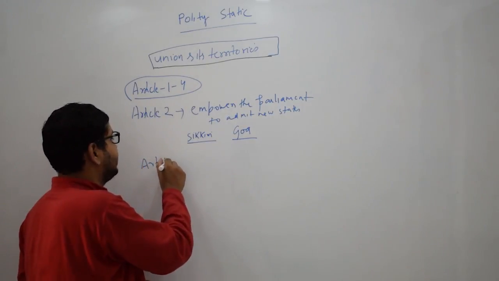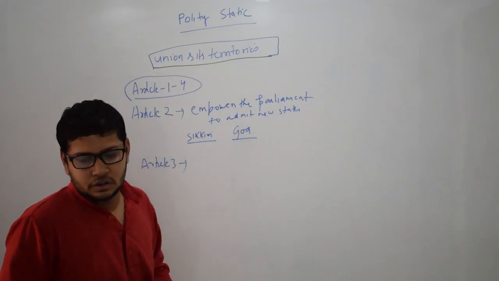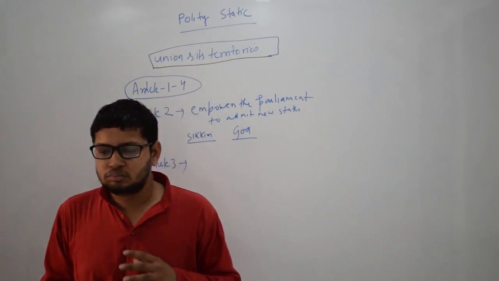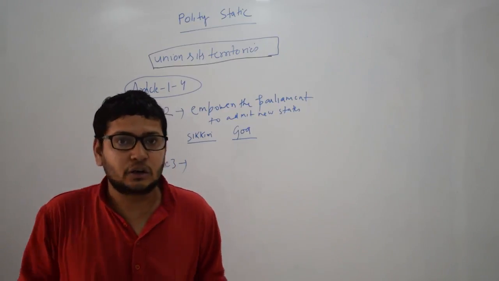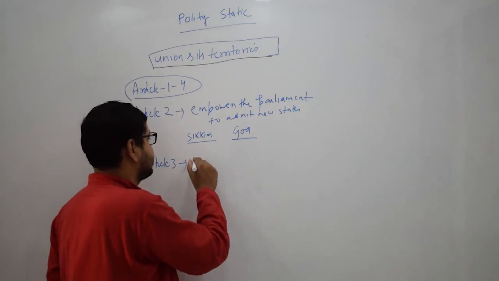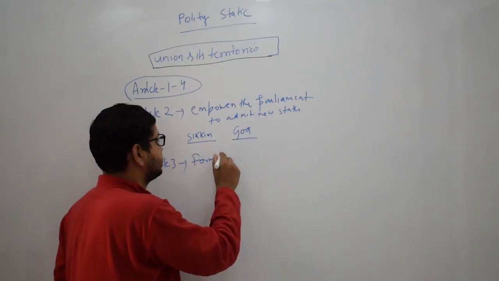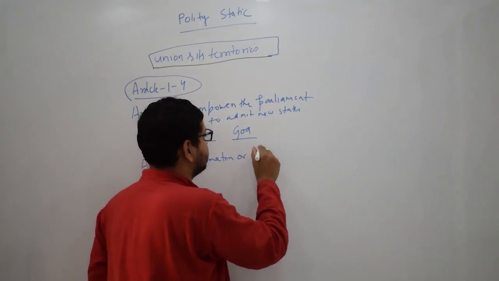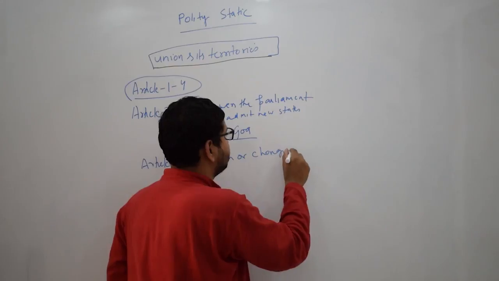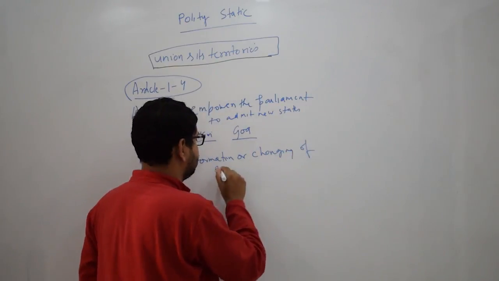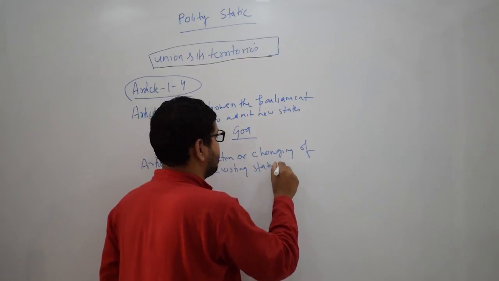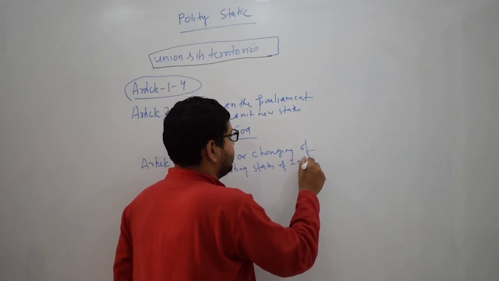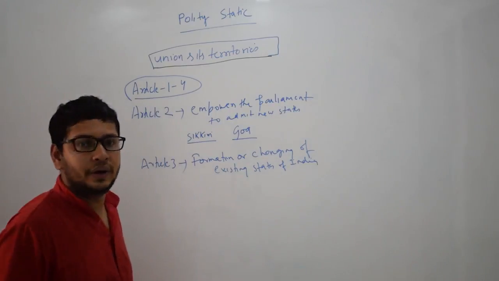Let's start with Article 3. Article 3 relates to formation or changing of the existing states of the Union of India. So what is the difference between Article 2 and 3?